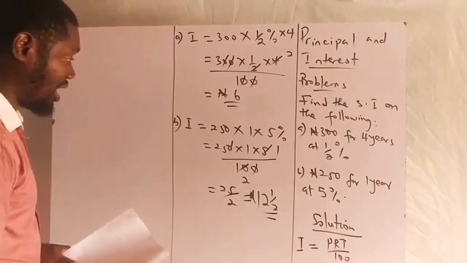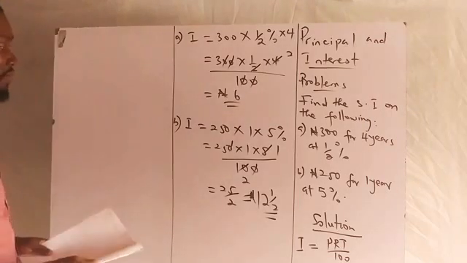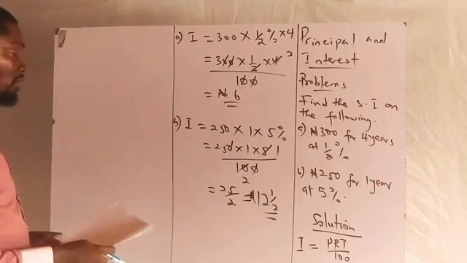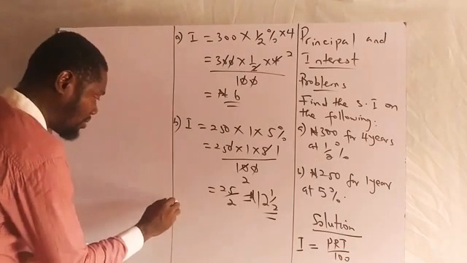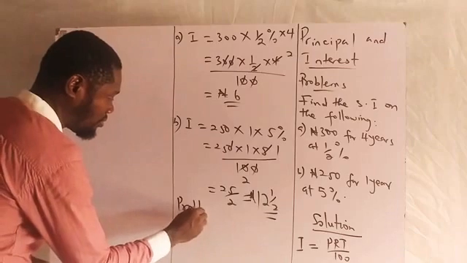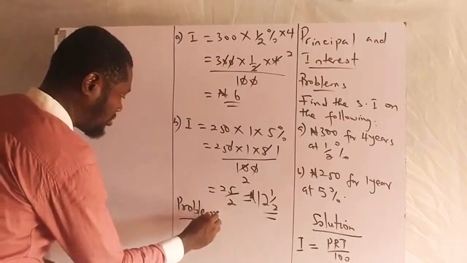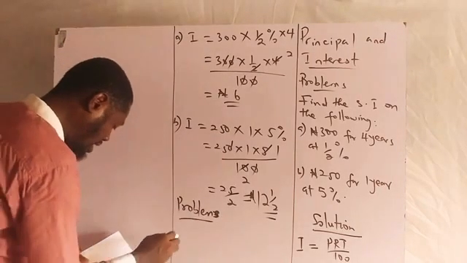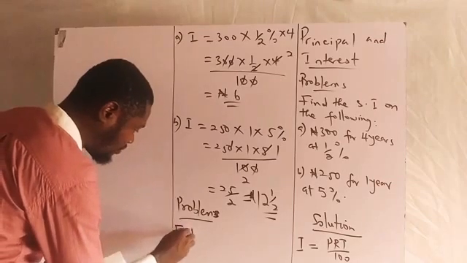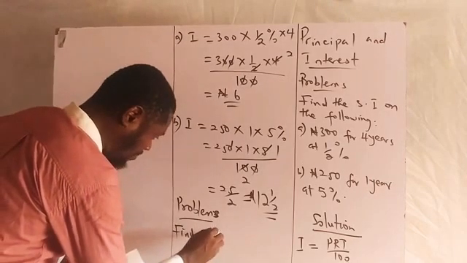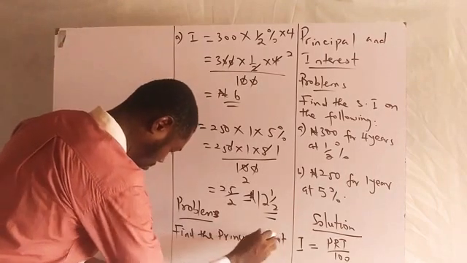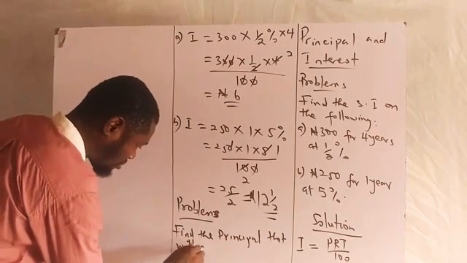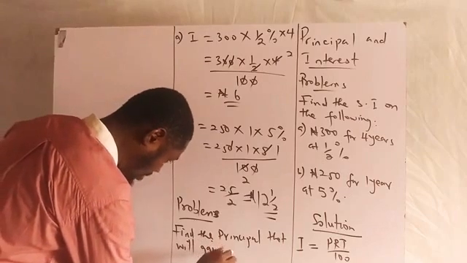Let us consider problems that have to do with principal directly, where you are asked to find the principal. Let's look at this example. Problem 2. Find the principal that will gain the following.